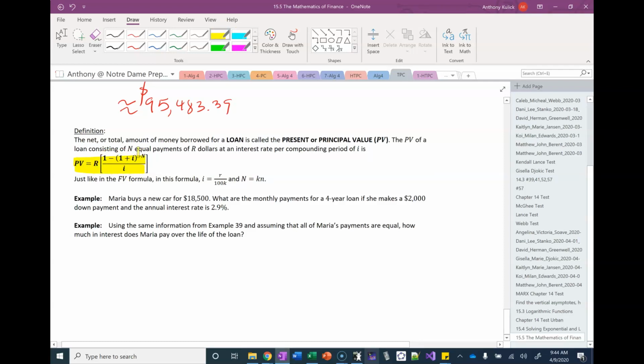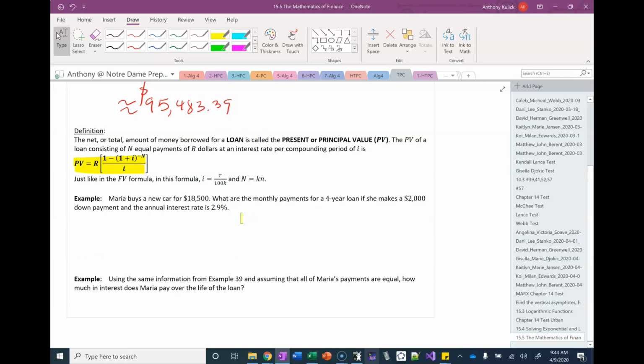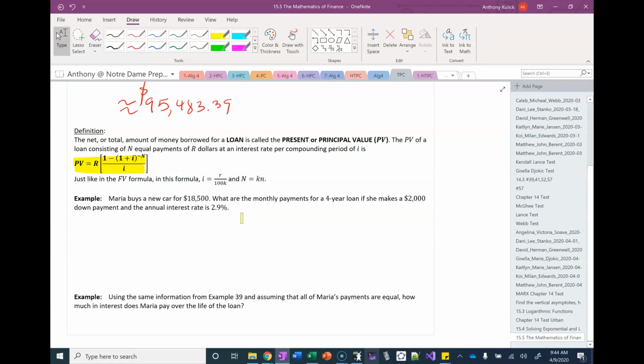And just like in the annuity formula, I is going to equal R over 100K and capital N is going to equal K times N. Okay. So let's look at a couple of examples here.